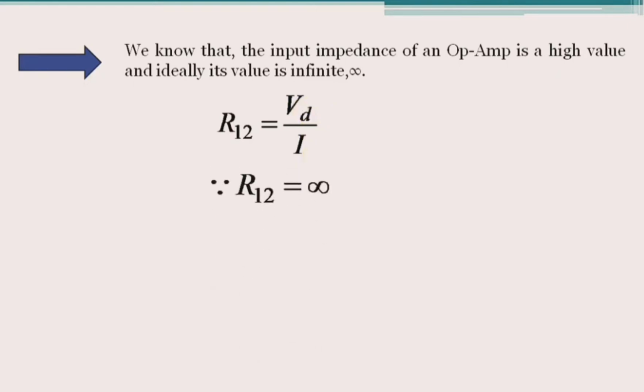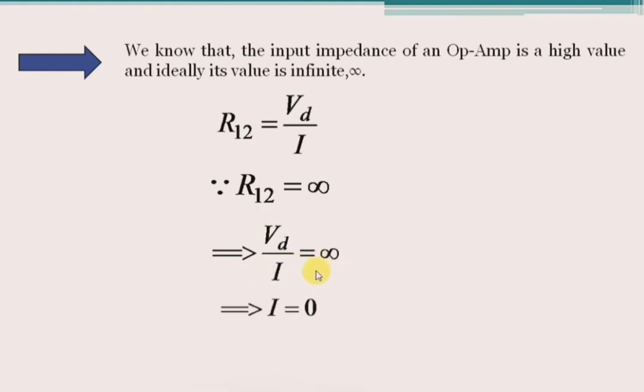Since, from the definition, the input impedance of an op amp is infinite, we can write Vd by I equal to infinite. This equation is satisfied only when the denominator is 0, which means that if the current I is 0, then only this Vd by I ratio is equal to infinite.